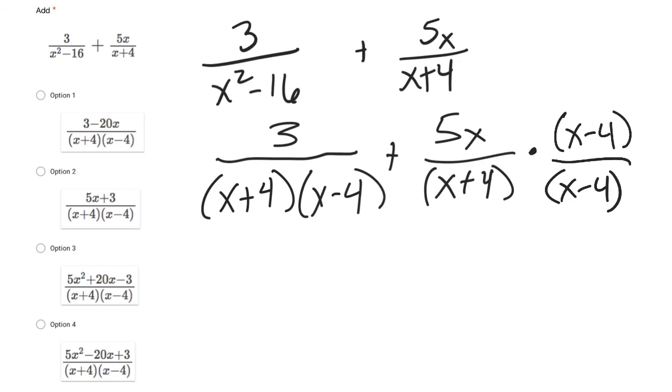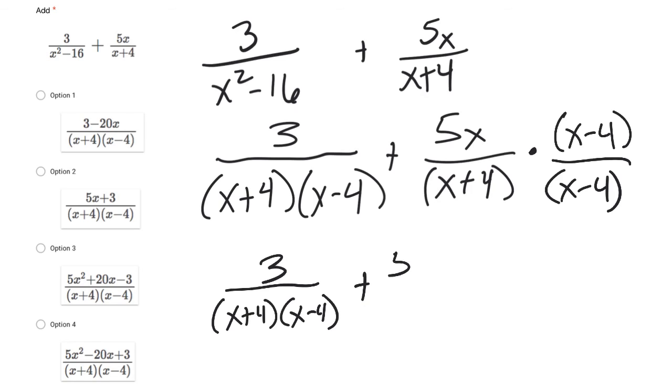All right, so what we have to do now is distribute the 5x. So I can bring down everything that we have on the left side. So we have 3 over x plus 4 times x minus 4. And then we're going to say plus 5x times x is 5x squared. 5x times negative 4 is negative 20x.